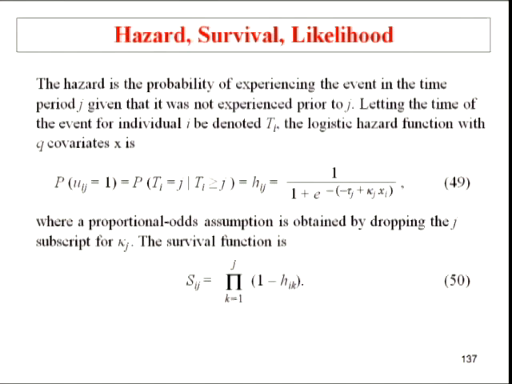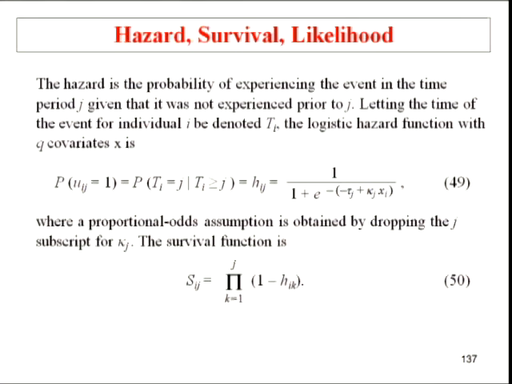And thresholds are negative intercepts, so we change the sign here. But this is a logistic regression for the probability of experiencing the event in time period j. It's expressed a little bit more in detail. It says experiencing the event at time period j if you have not experienced the event earlier.